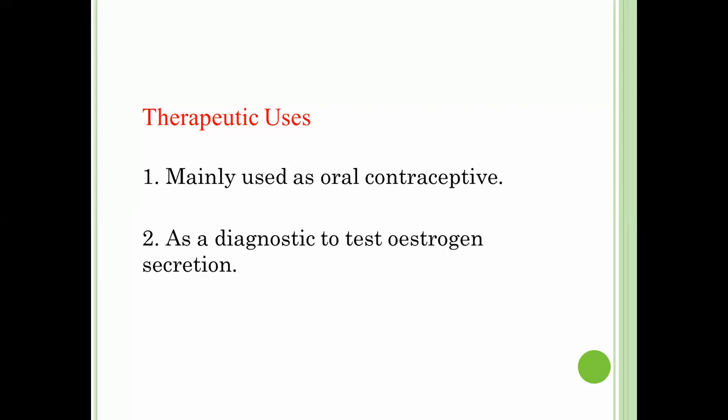Second, it is used as a diagnostic test of estrogen secretion, to diagnose whether estrogen secretion is proper or not. So for this, progesterone is useful. These are the therapeutic uses of natural and synthetic progesterone.